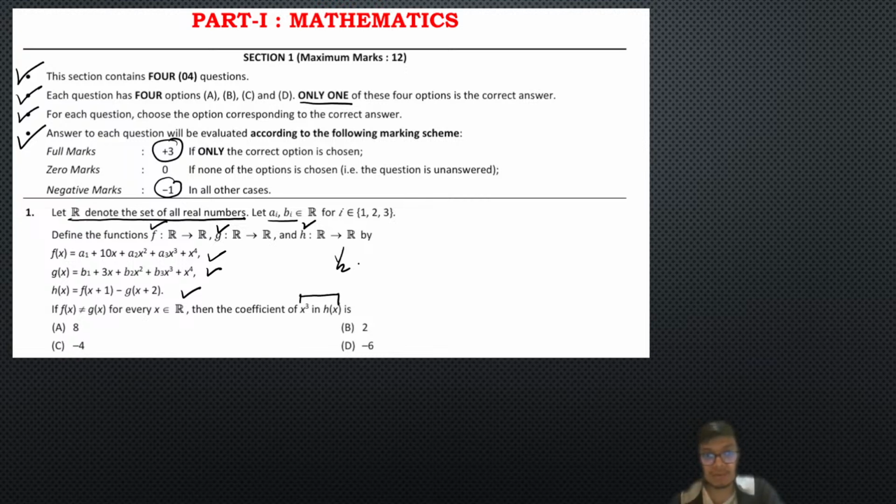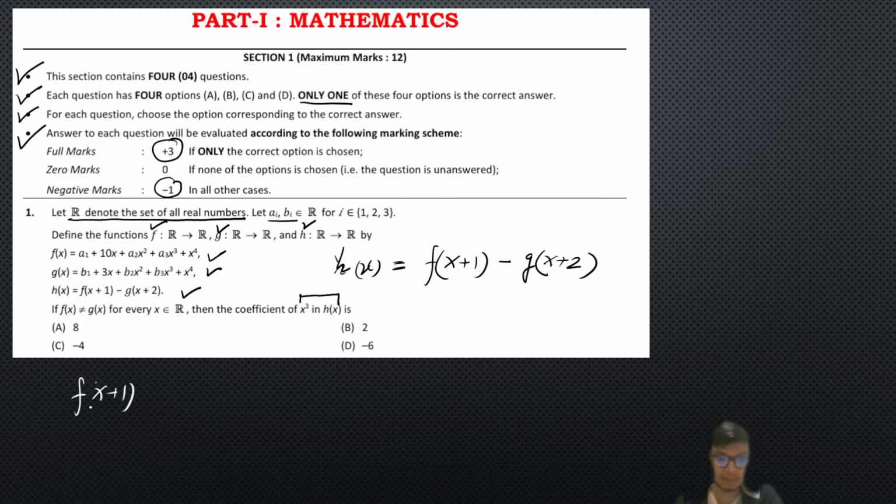If you look at h of x, it is defined as f of x plus 1 minus g of x plus 2. So let us first figure out what f of x plus 1 is.